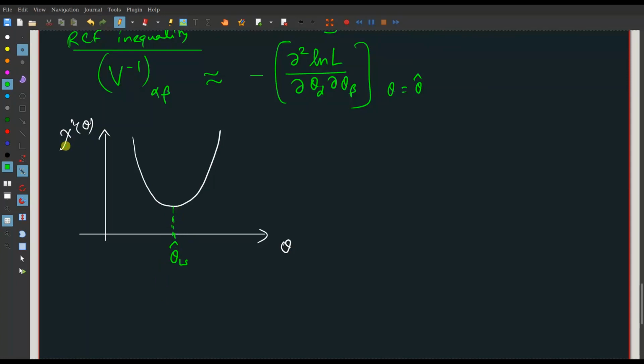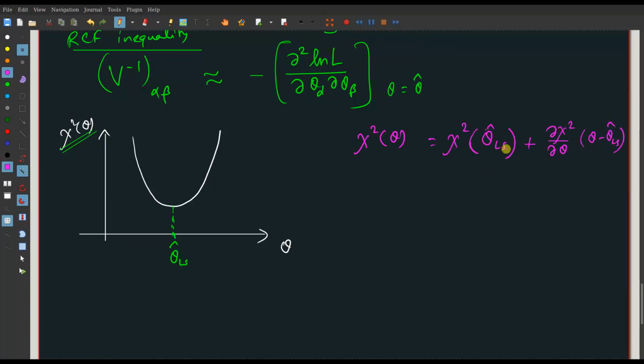If this is my chi-square theta, and if you again expand this chi-square theta in a Taylor series, suppose I have one parameter, then chi-square theta is chi-square at theta ls plus del chi-square del theta times theta minus theta ls.